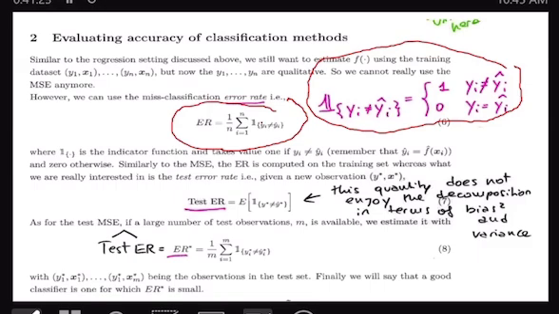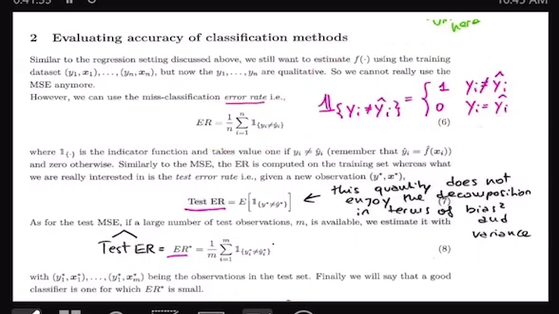It's more or less finding the average here. So that is exactly what we use. The test error is what you see in equation 8. The same way that we have training MSE and test MSE, we also have a training misclassification error and test misclassification error.